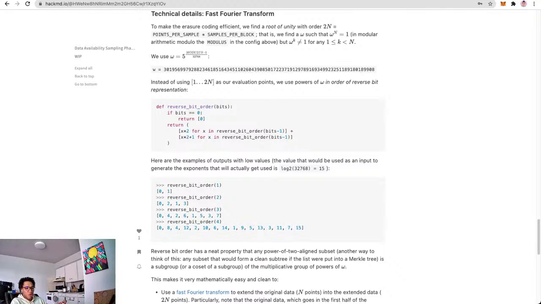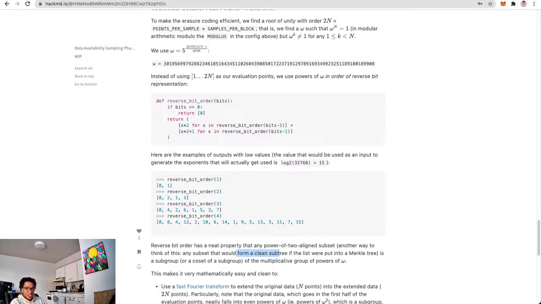So reverse bit order has a neat property that any power of 2 aligned subset, another way to think of this, any subset that would form a clean subtree if the list were put into a Merkle tree, is a subgroup or a coset of a subgroup of the multiplicative group of powers of W.